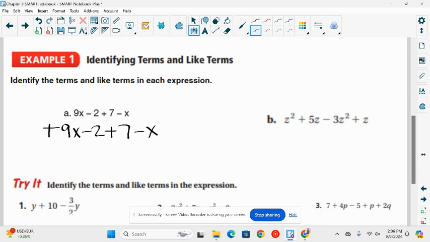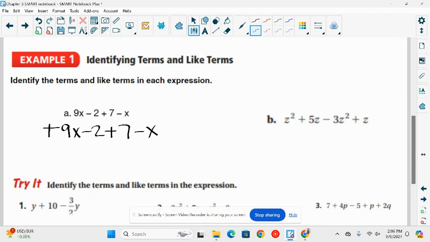Same variable, same exponents. Do we have any exponents attached to our variables here? No. We actually have some, they're just invisible and you don't see them.